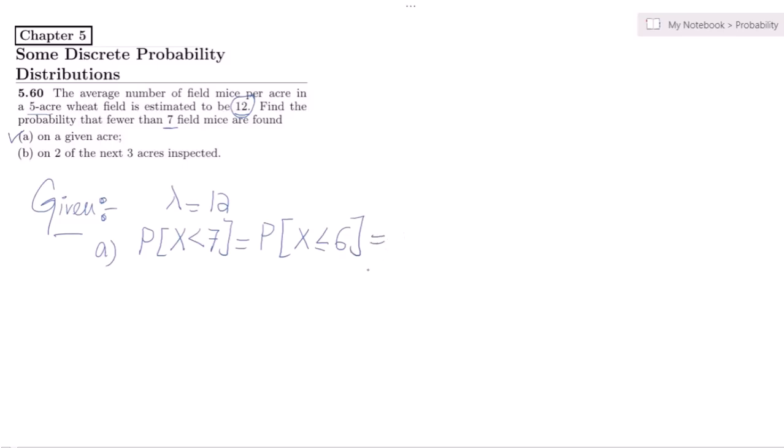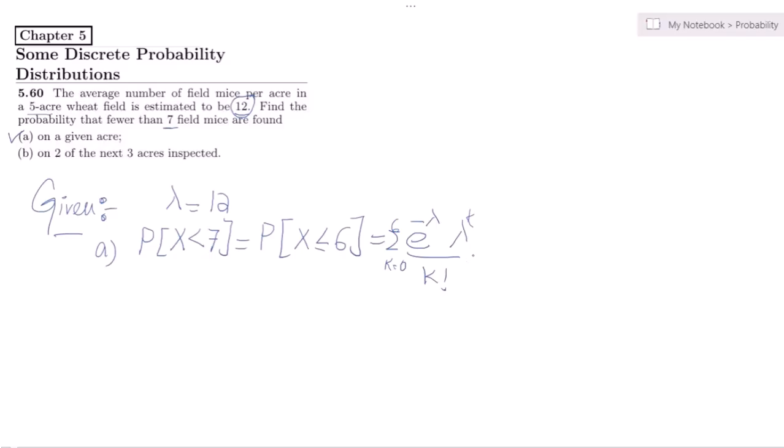Here we can use the formula, which would be exponential of minus lambda, lambda to the power k divided by k factorial, summed for all the values of 6 or less, so from k equal to 0 up to 6. Okay, this is one method. You have to do it for all the values from 0 to 6 and then add them up.